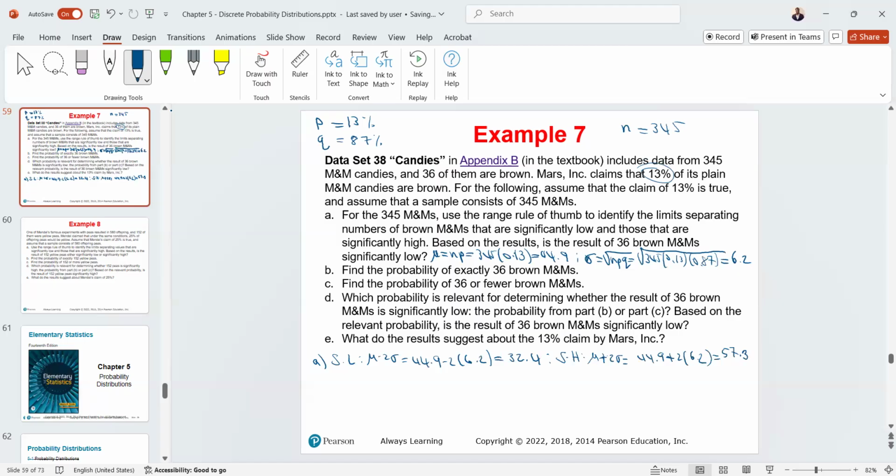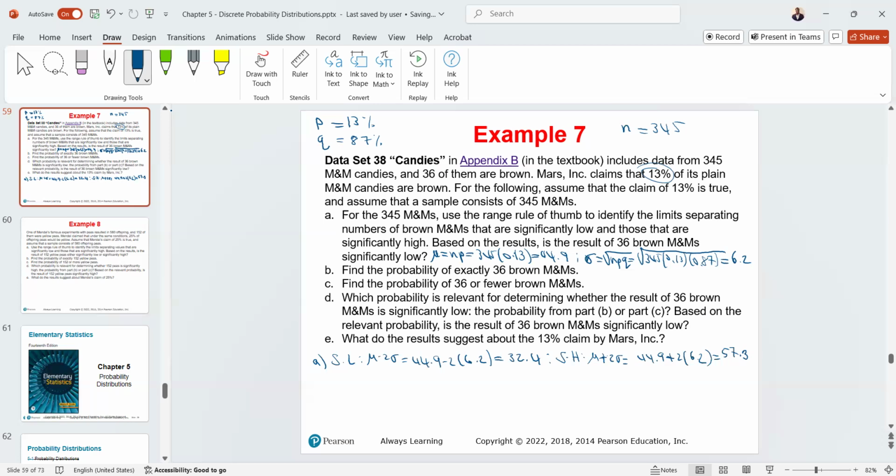So 32.5 and 57.3 are the two limits we find. The question is to use the rule of thumb to identify the limit separating numbers of M&Ms that are significantly low and significantly high.